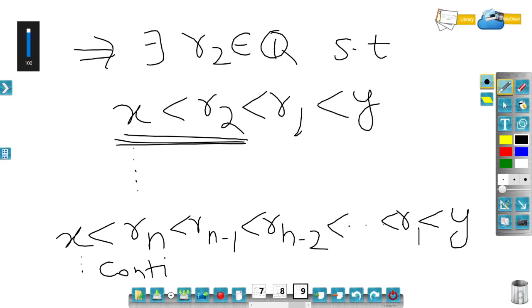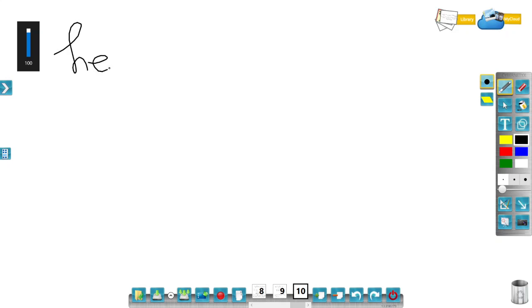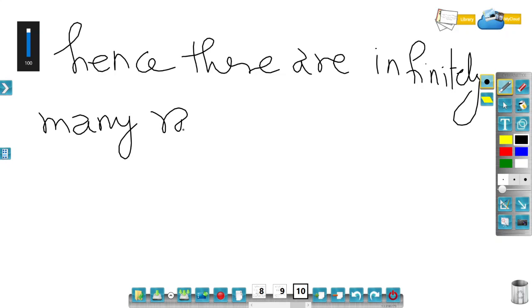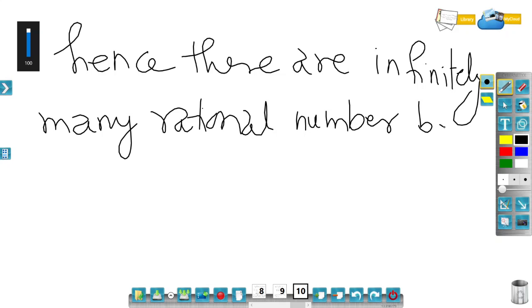So at the end we can say that there are infinitely many rational numbers between any two real numbers.